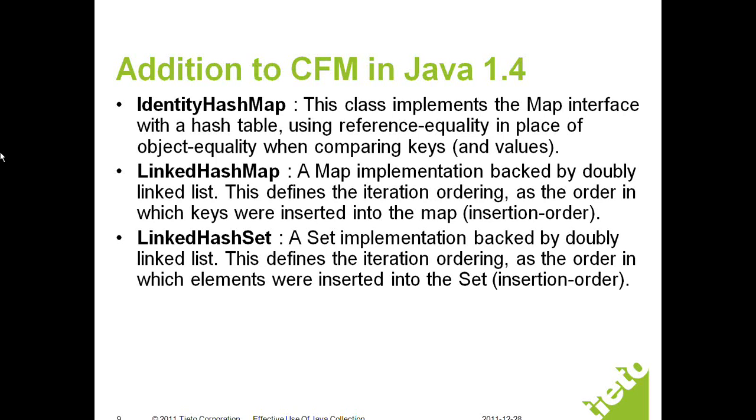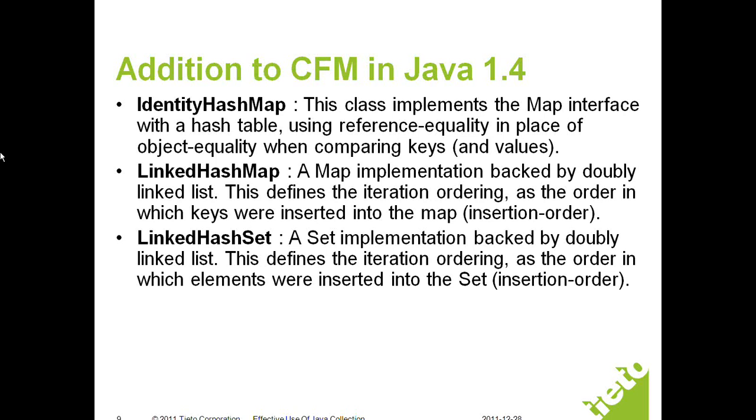But if your requirement is to get the objects in the way you have inserted them, then we can talk about LinkedHashMap for keys. It keeps the entries of key and value in insertion order and gives them to you when you iterate through the iterator, and the same with LinkedHashSet.